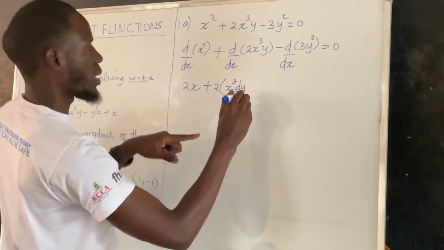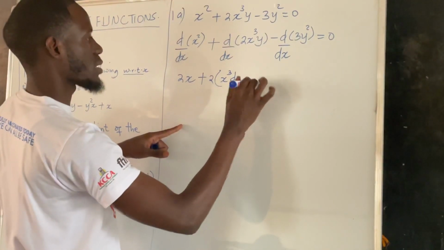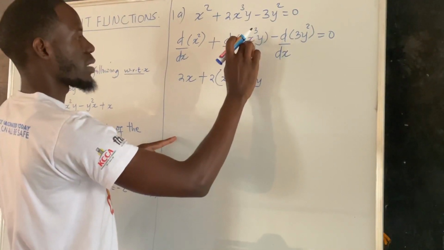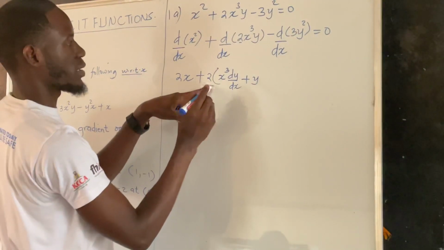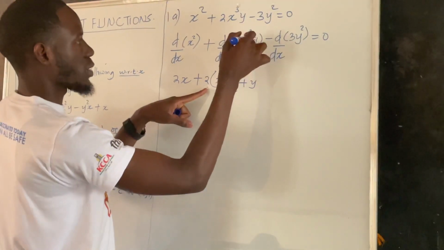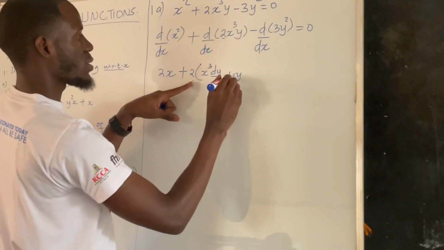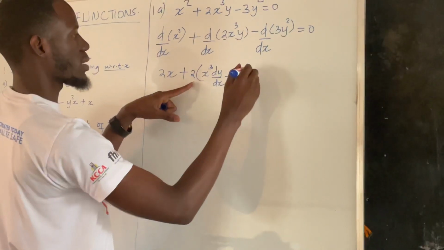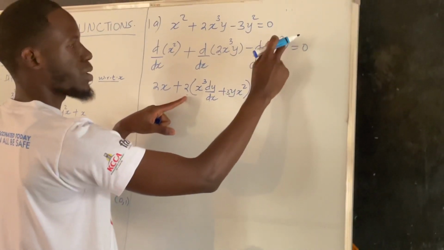Then plus, we keep our y constant. Then we differentiate x cubed. Remember the 2 is outside here, so we don't have to bother with it. So keep y constant, differentiate x cubed, it will give us a 3x squared, then minus. Still, we have this power 2.